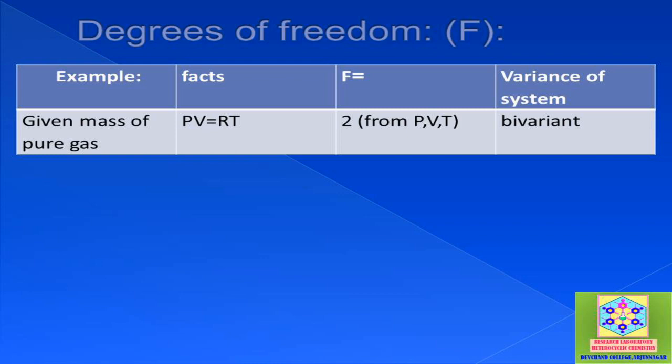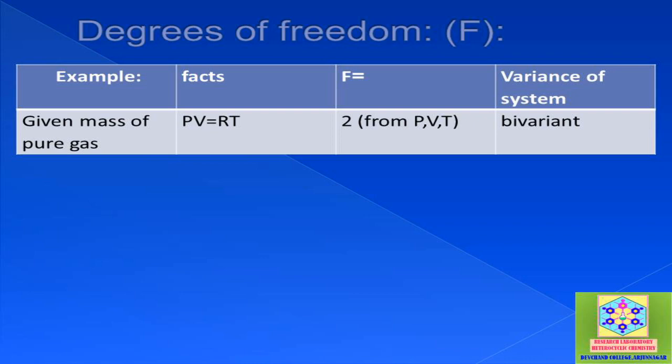For a system containing a given mass of a pure gas, we know PV is equal to RT. So out of the 3 variables, pressure, volume and temperature, any 2 variables are sufficient to describe the system completely.